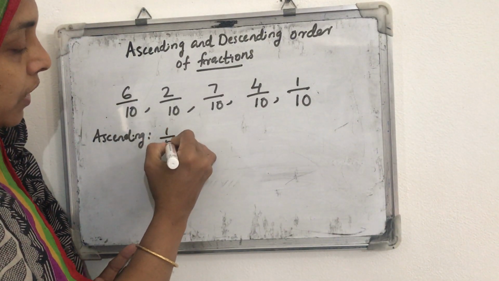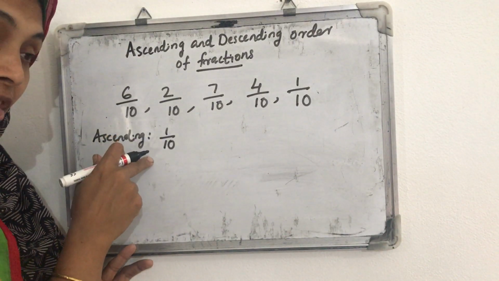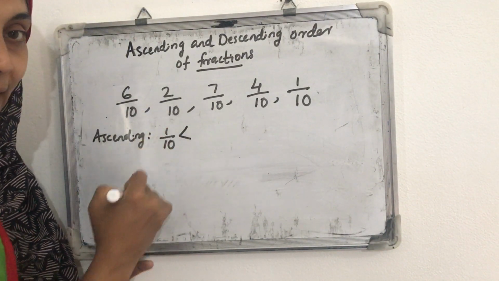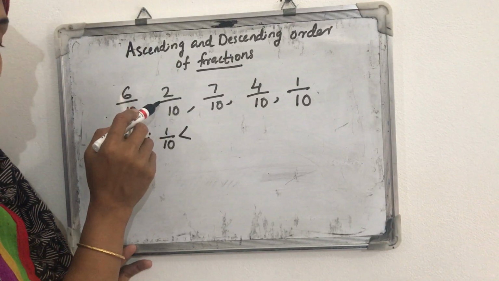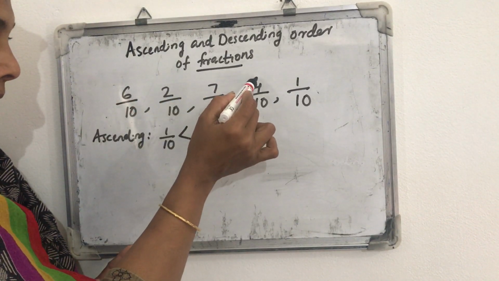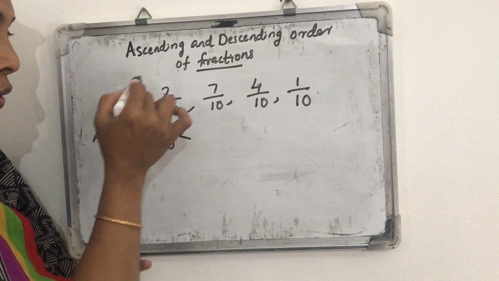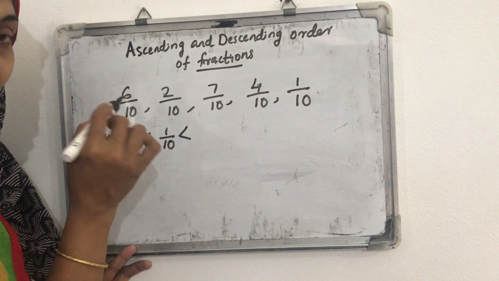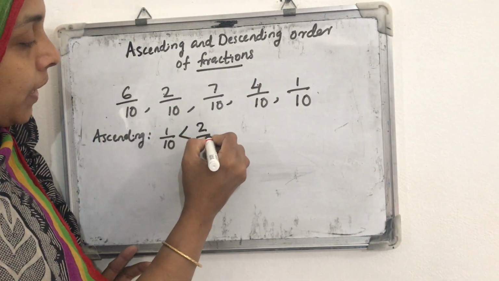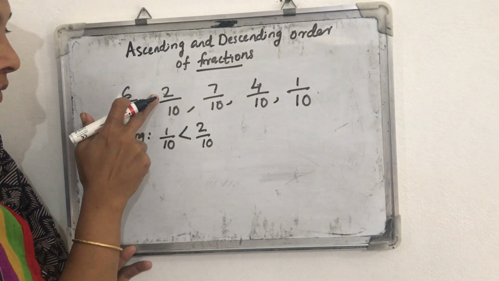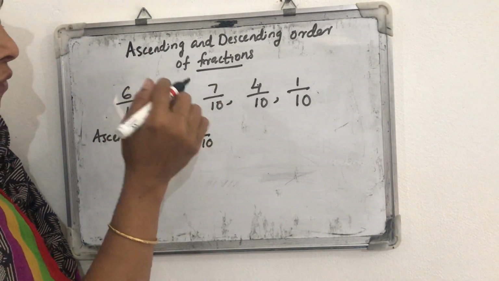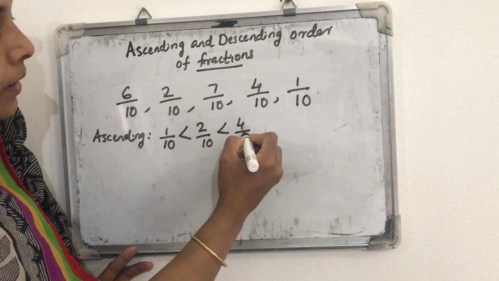So first we write 1 by 10. This is the smallest one, so we can use less than. Then next we want to compare 4, 7, 2, 6. Out of these, which is the smallest one? 2. Then 2 by 10. Next, after 2, the next bigger is 4, so 4 by 10.